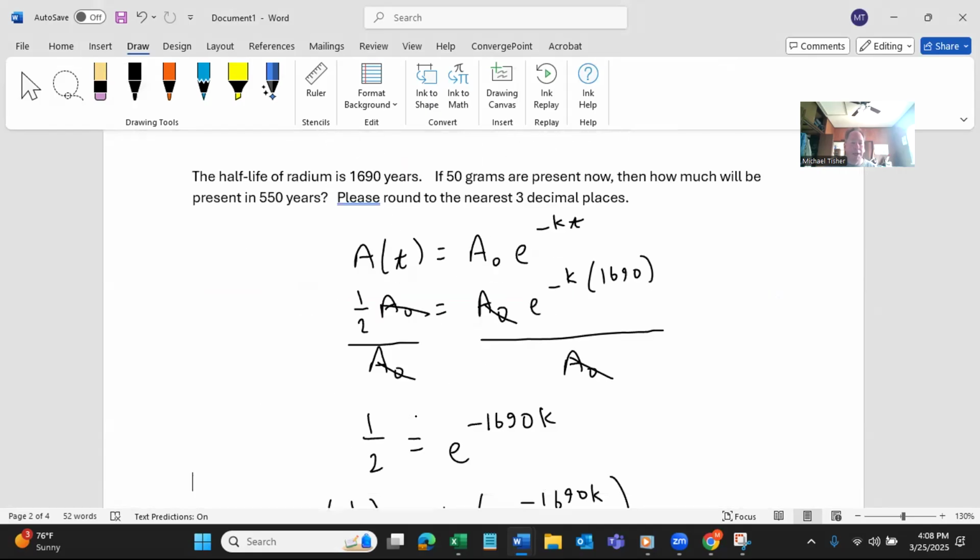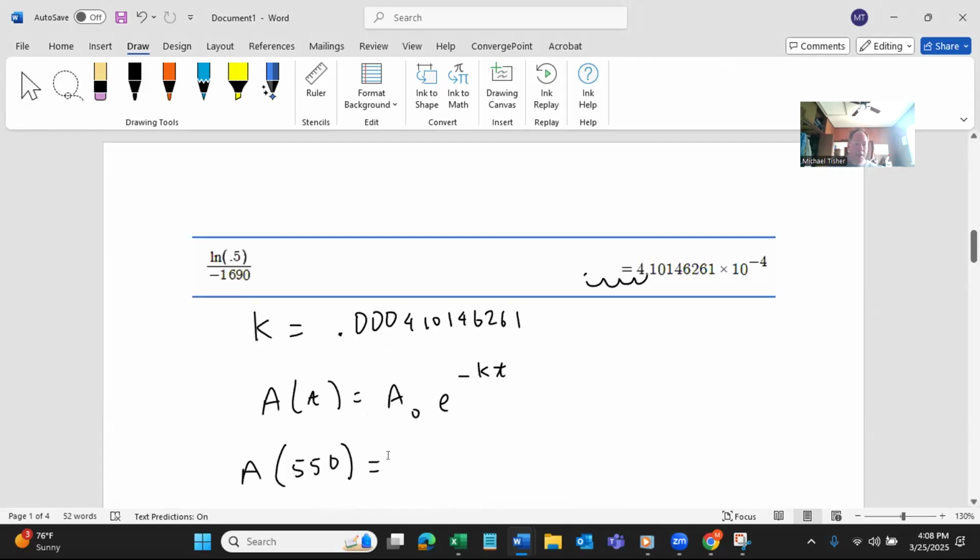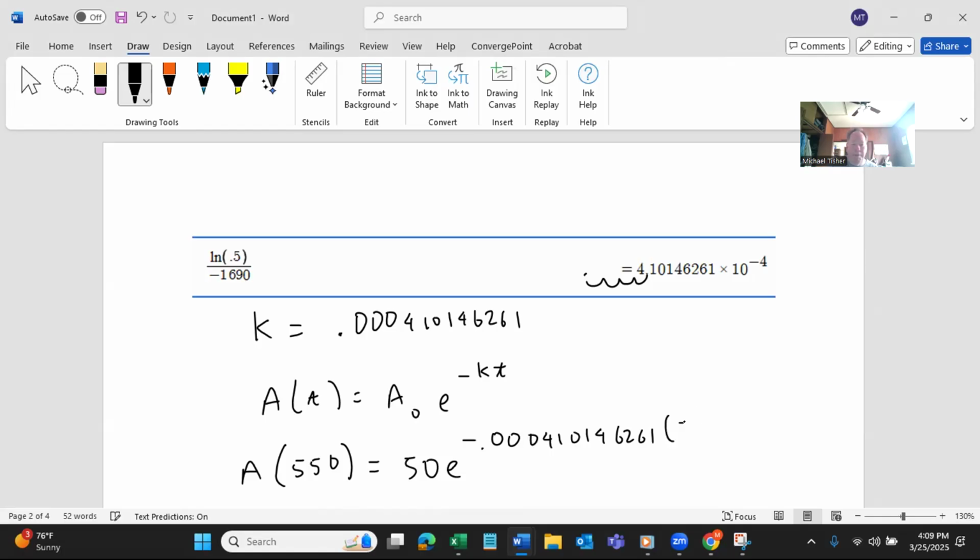Here I'm given an initial amount of 50 grams, so we'll put that in for A sub 0. That's e to the negative k, and now we know that k is 0.0004101 46261, and then times t, which we now know is 550.